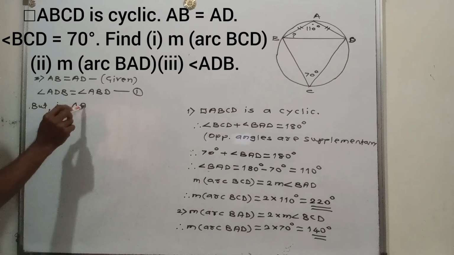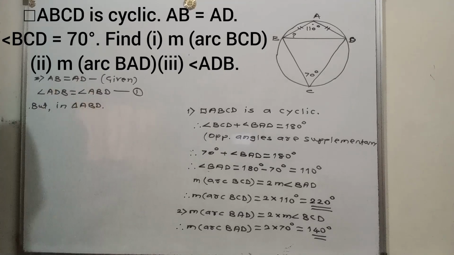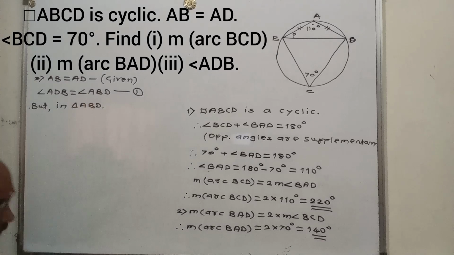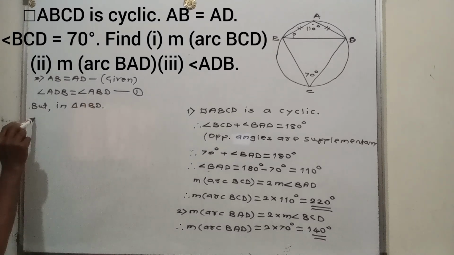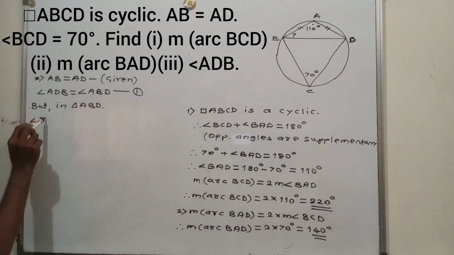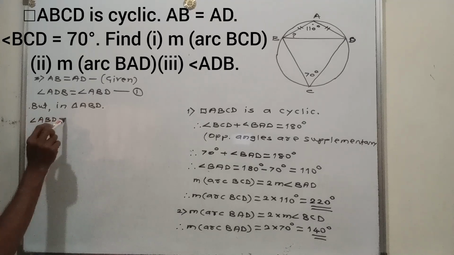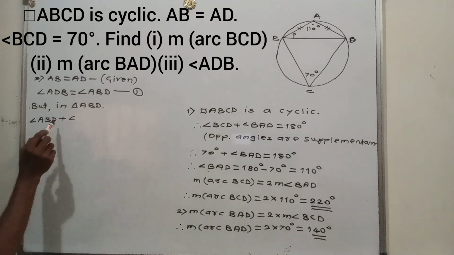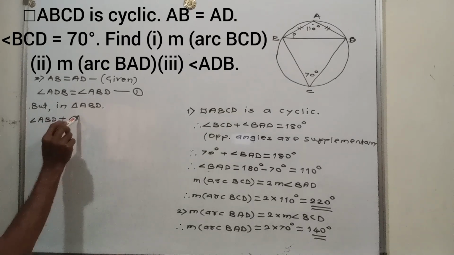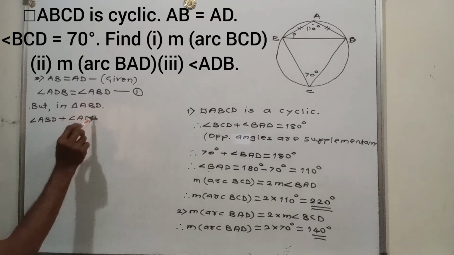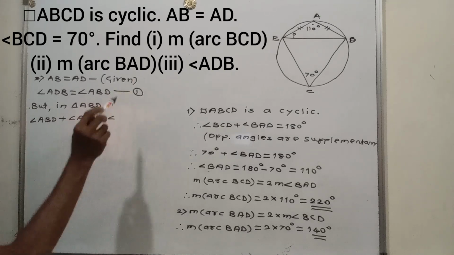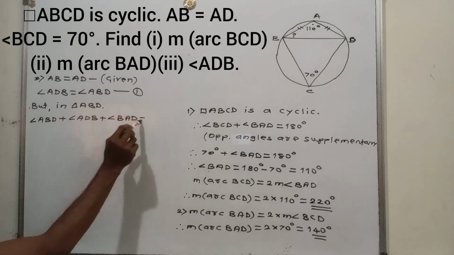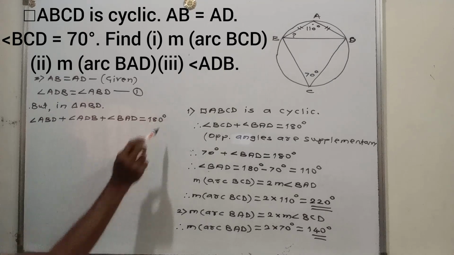In triangle ABD, we want the measure of angle ABD, so we write angle ABD plus angle ADB plus angle BAD is equal to 180 degrees.